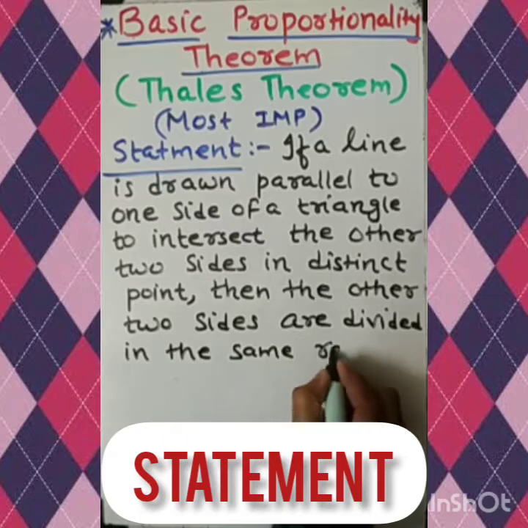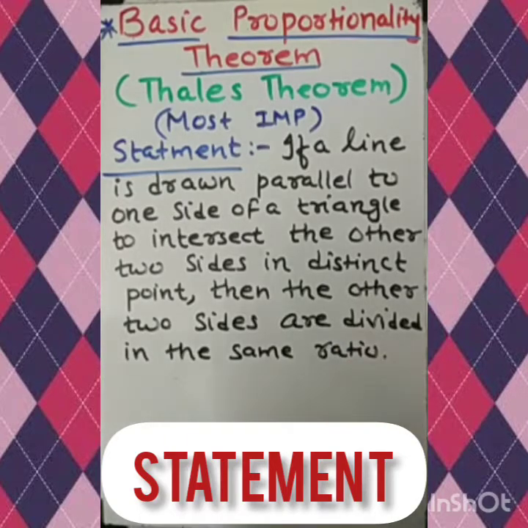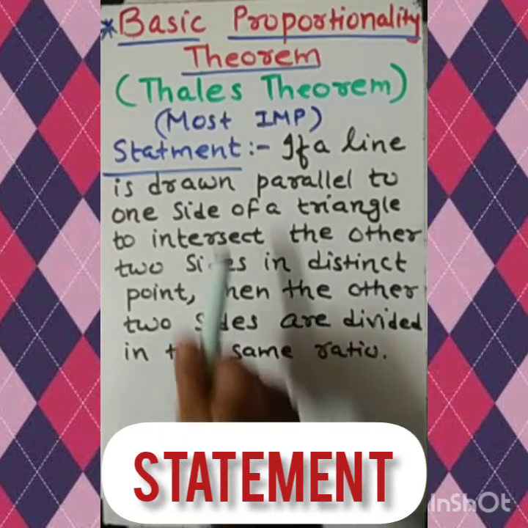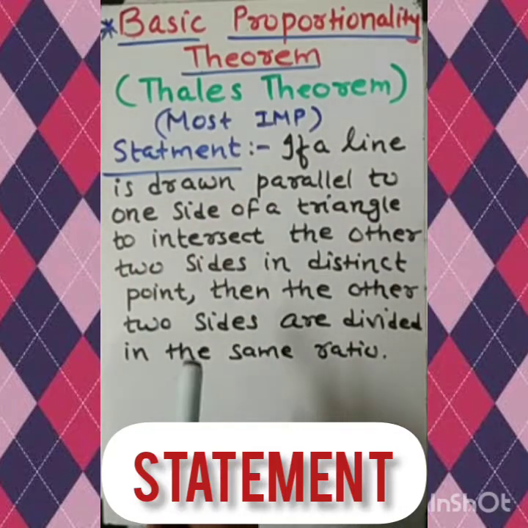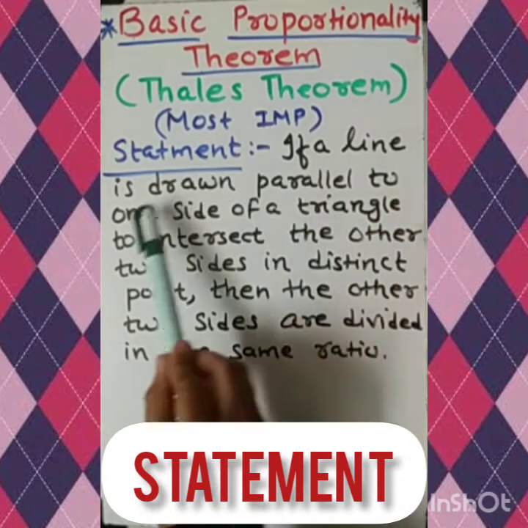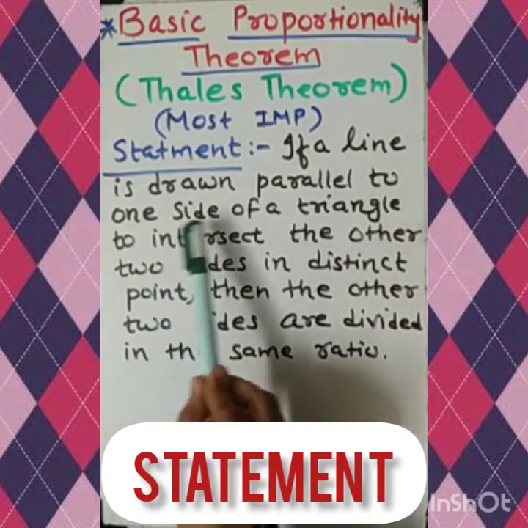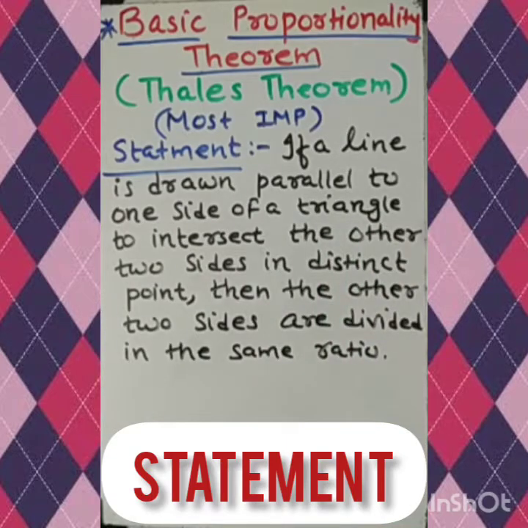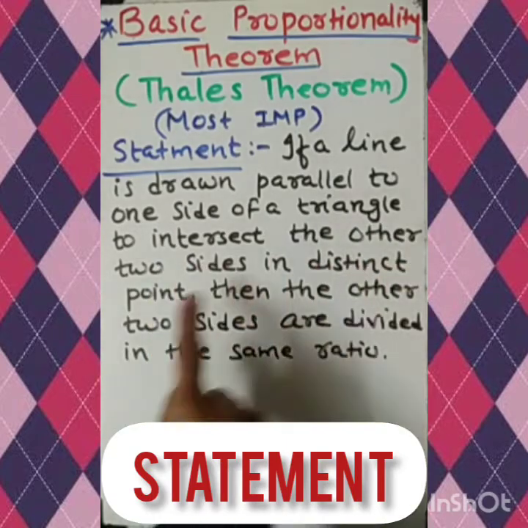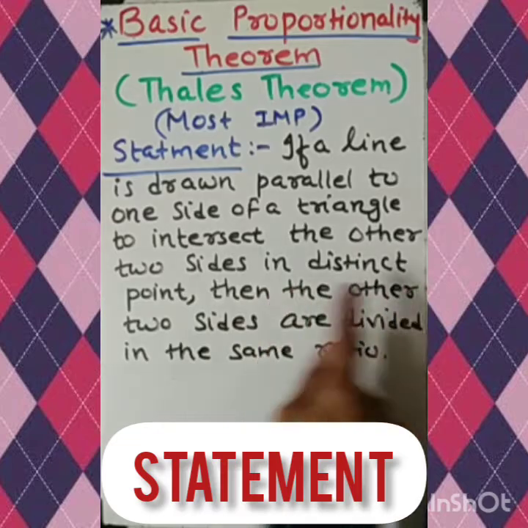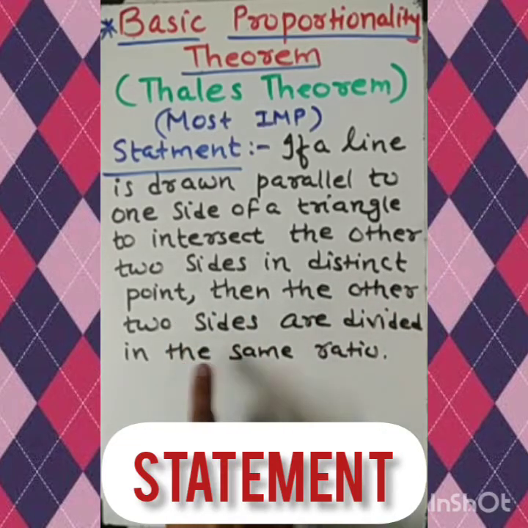Please learn this. This is the statement of Thales theorem, or BPT theorem. Let me read it again. If a line is drawn parallel to one side of a triangle to intersect the other two sides in distinct points, then the other two sides are divided in the same ratio.